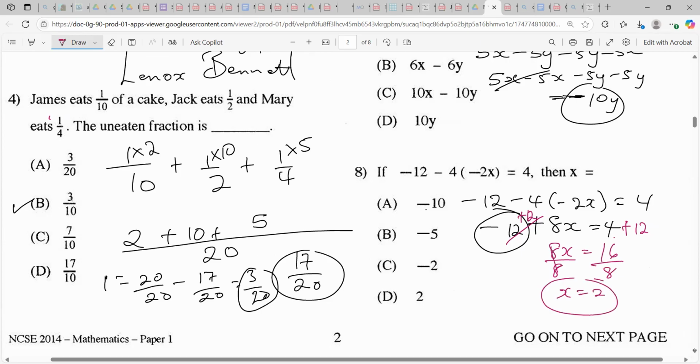Let's say you don't trust your answer. Let's put 2 in the bracket and see if it works out. So minus 12 minus 4, bracket minus 2, positive 2. Let's see what that works out to.